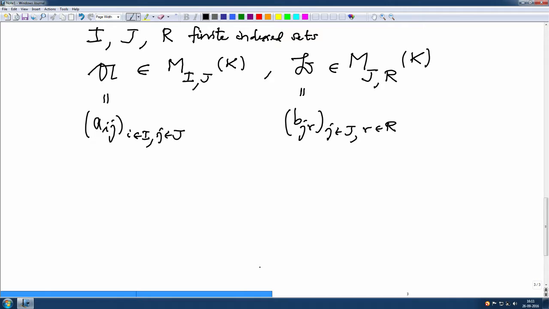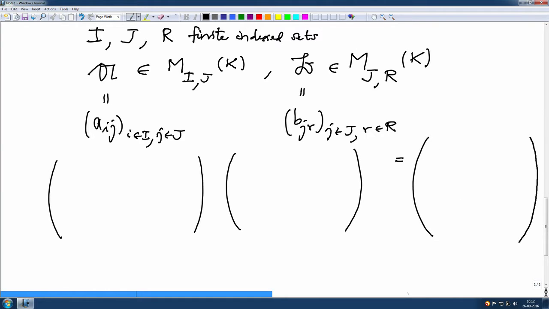And we want to multiply these two matrices. So what you do is, we want to write the product. The product is the matrix C, let us say. So C will be an I cross R matrix, you forget the J. So I have to explain to you what the entry here is.